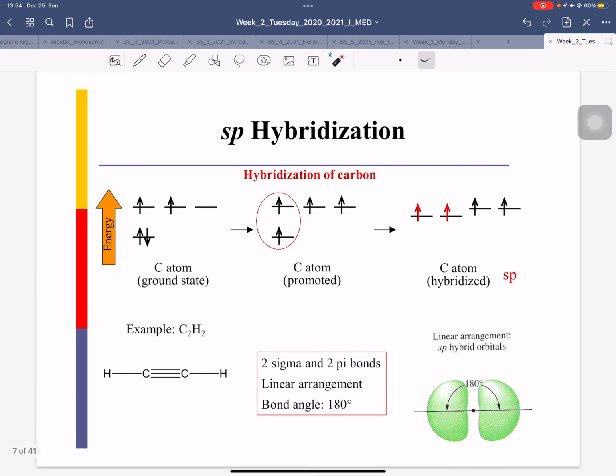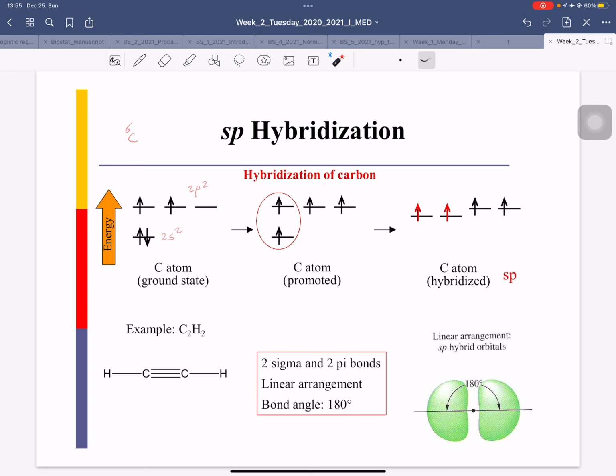And the last option: when we have carbon 6, the last valence-shell electrons are 2s2 2p2 in the ground state, and we have a promotion, or hybridization, where one electron jumps from s to p.